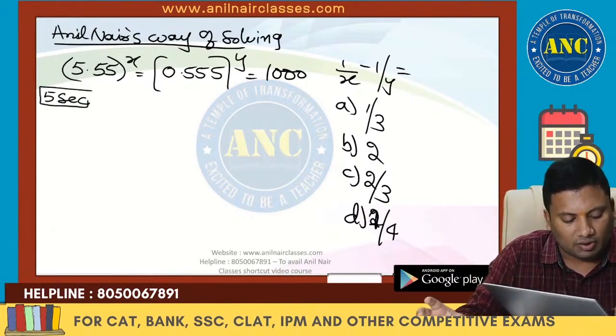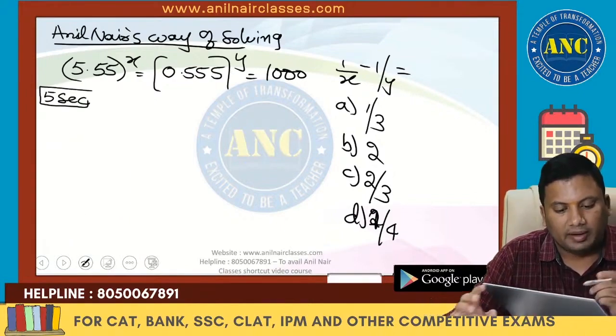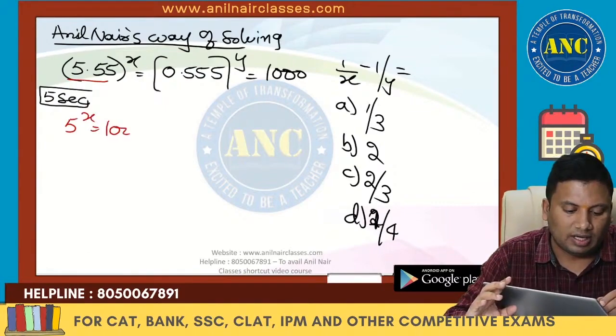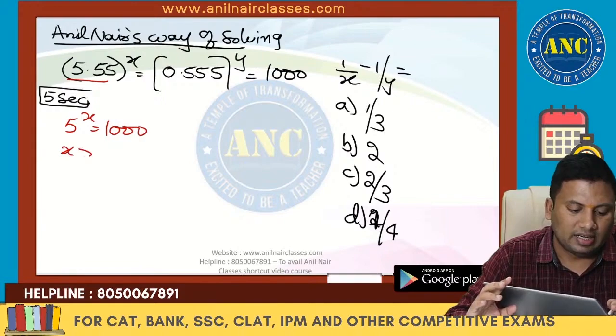Just by looking at the question itself, I got the idea. If it is closer to 5 power x equivalent to 1000, x is greater than 4. Why? Because 5 power 4 is 625.